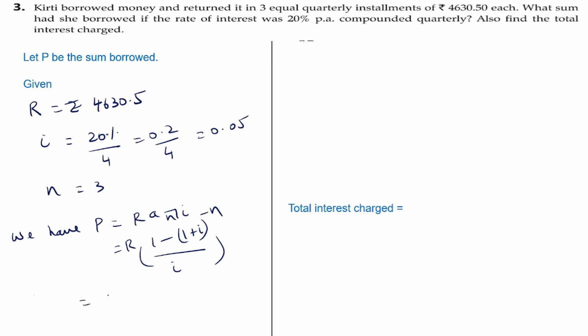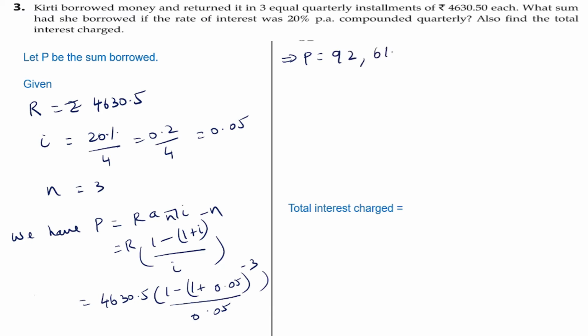So this is equal to R, which is 4,630.5, into 1 minus 1 plus I, which is 0.05, the whole raised to minus N, which is 3, upon 0.05. So we have P is equal to 4630.5 upon 0.05, that is 92,610, into 1 minus, here we have 1.05 the whole raised to minus 3.